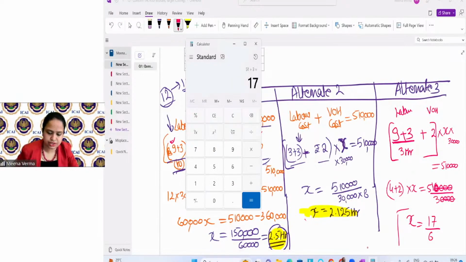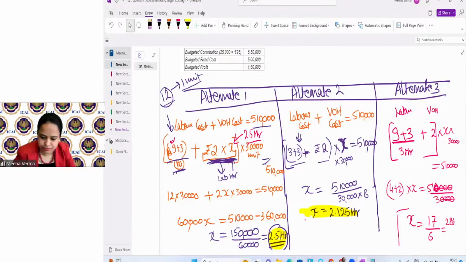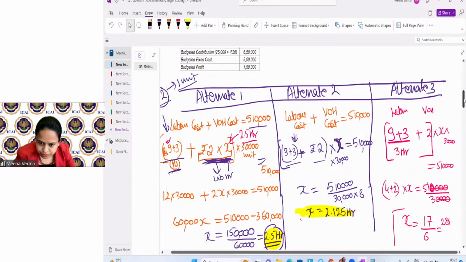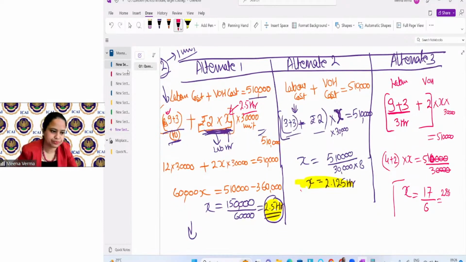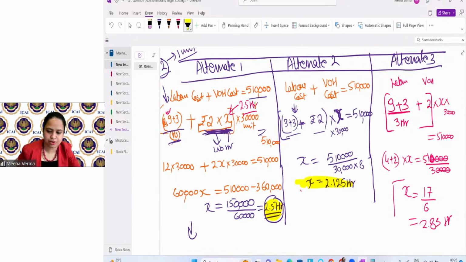If I divide these two values, 17 divided by 6, the answer is 2.83. Now here, if I consider it in this way, per hour the cost will be 2.83 rupees per hour. This is the amount which we are paying per hour.